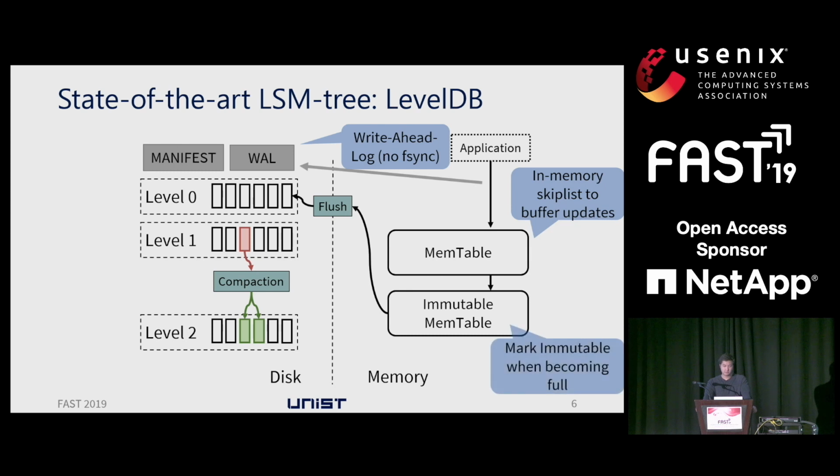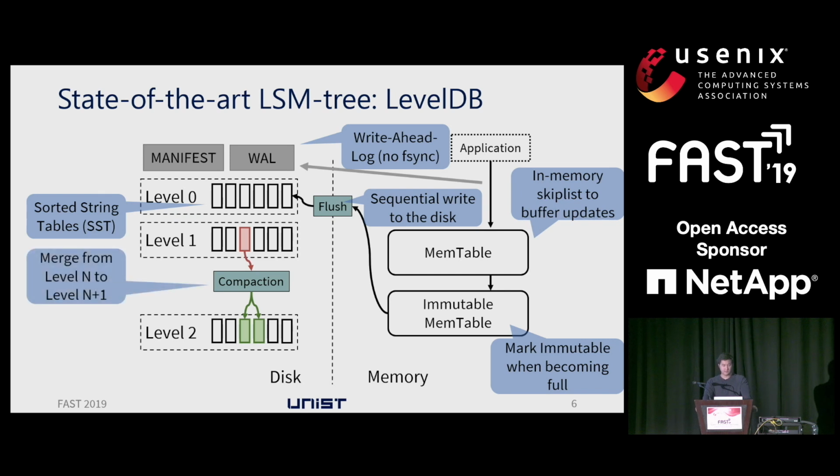When the mem table gets full, it is marked immutable and scheduled to be merged to the disk component. This is called a flush, which sequentially writes to the disk as a sorted string table file. In LevelDB, the disk components are called levels.